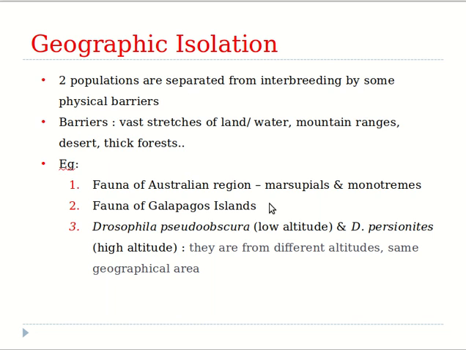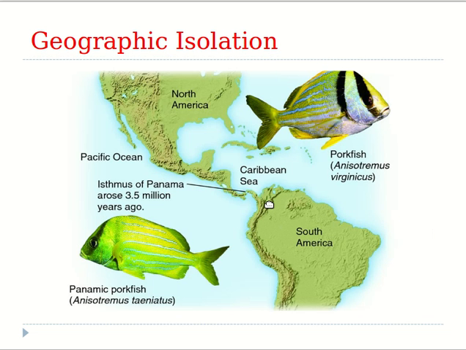Geographic isolation. Then we have here a few other examples of geographic isolation. Here you can see two different species of Anisotremus. There is a porkfish, Anisotremus, on the eastern side of the Isthmus of Panama. The Isthmus of Panama is a small land mass which connected South America with North America, and on the eastern side you can see Anisotremus virginicus, and on the western side you can see Anisotremus taeniatus.